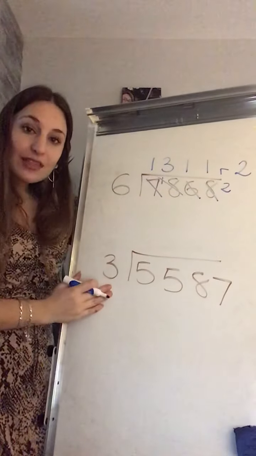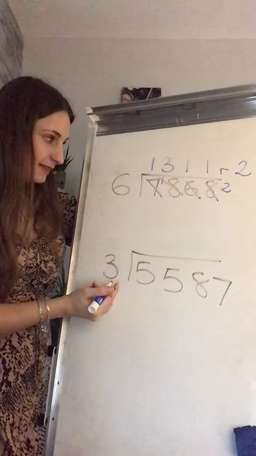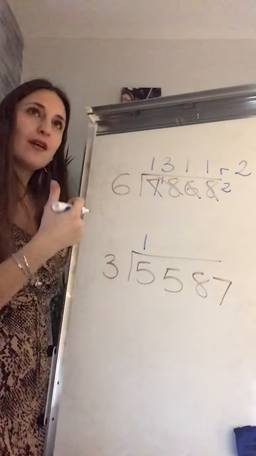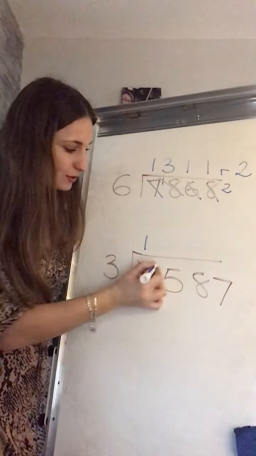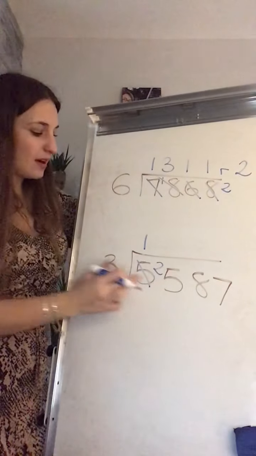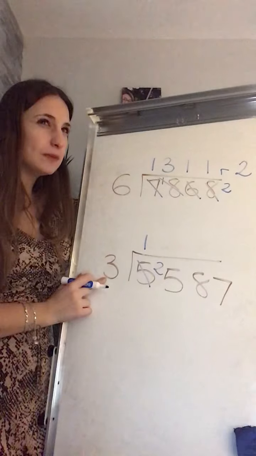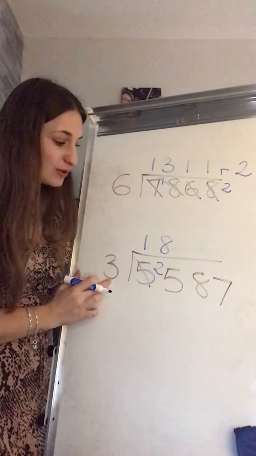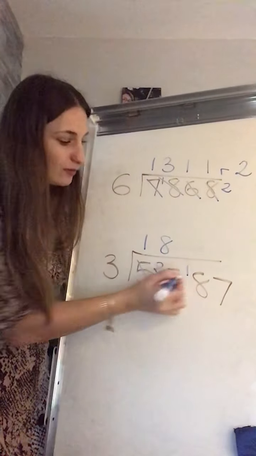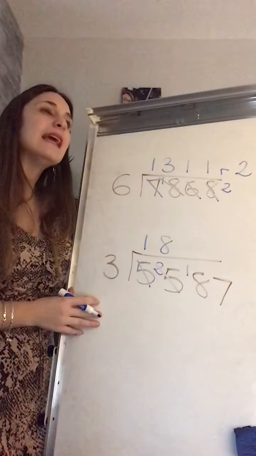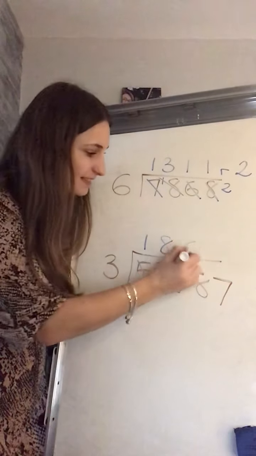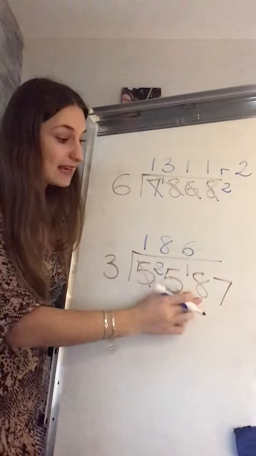5 divided by 3. Yes, I can do 1 times 3, 4, 5, 2. 25 on my 3 timetable is not, but I know how to get 24. 3 times 8 is 24, 2, 25, 1. 18. 18 divided by 3. Yeah, 6 times 3 is 18.